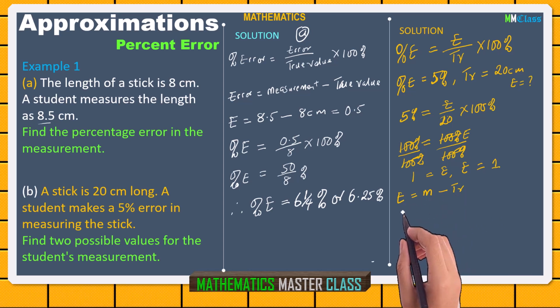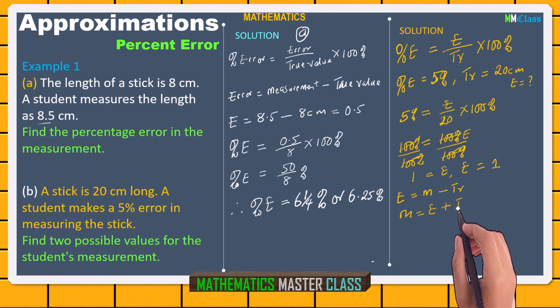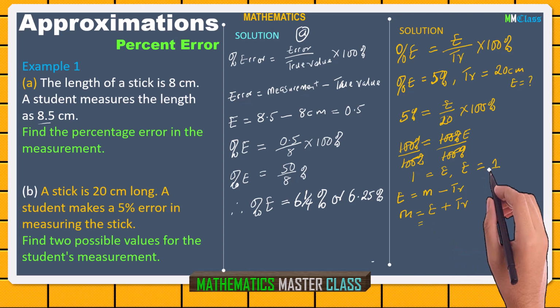We are looking for M. So if we make M the subject of the formula, we are going to have the true value, and this will give us, remember we are asked to look for two possible values for measurement. So since we are looking for 2 possible values, our error will be plus or minus 1.